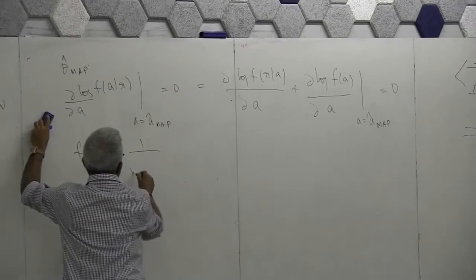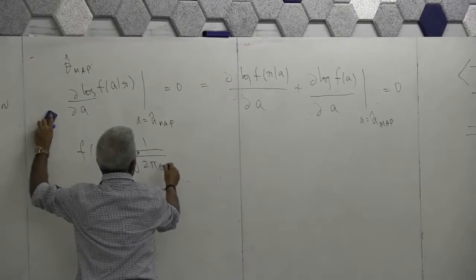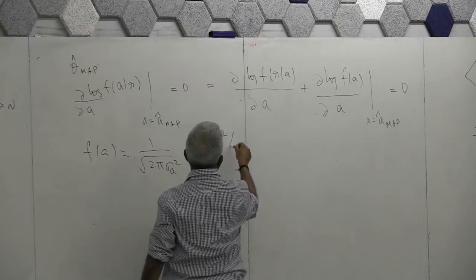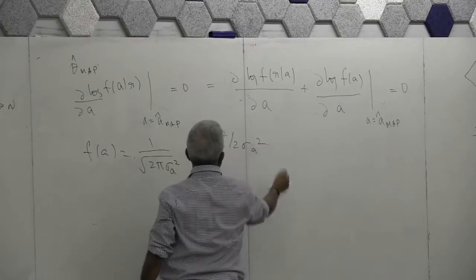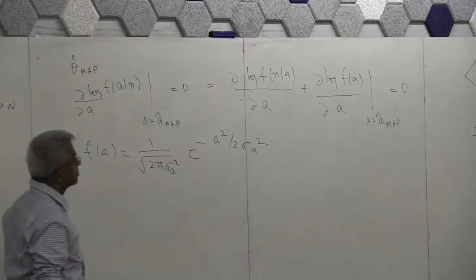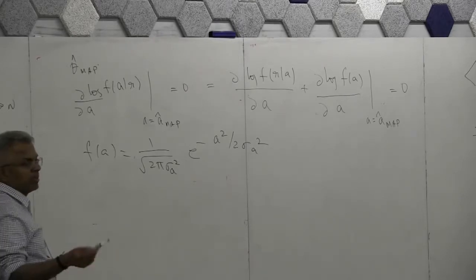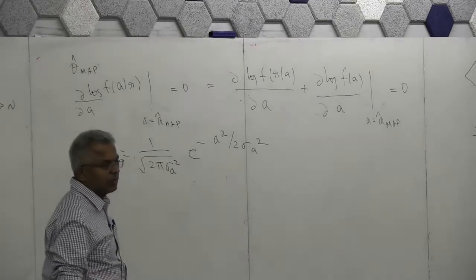FA is 1 over square root of 2 pi sigma A squared, e raised to minus A squared over 2 sigma A squared. Right? Remember, plus minus, the derivative of log FA is 0.